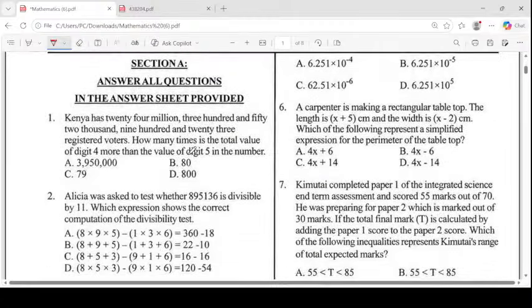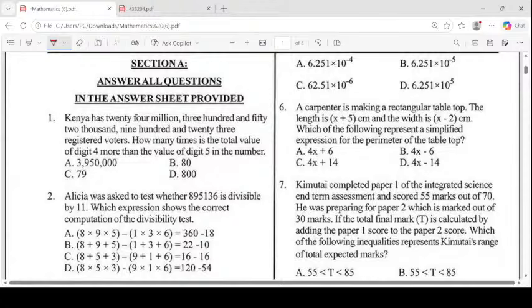Kenya has 24,352,923 registered voters. How many times is the total value of digit 4 more than the value of digit 5 in this number?